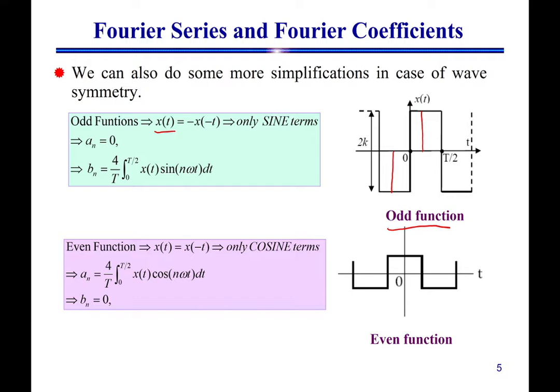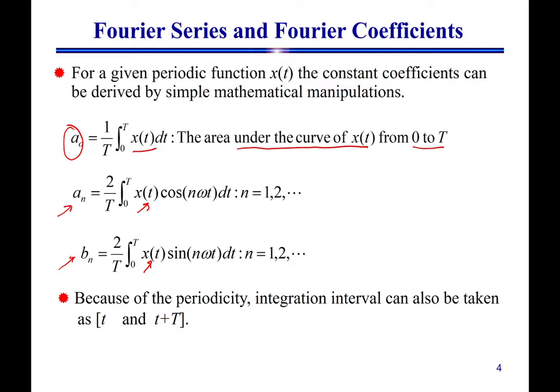So if x of t is equal to minus x of minus t, then such a waveform we call an odd function. And in an odd function, we are going to have only the sine term, only the Bn term.